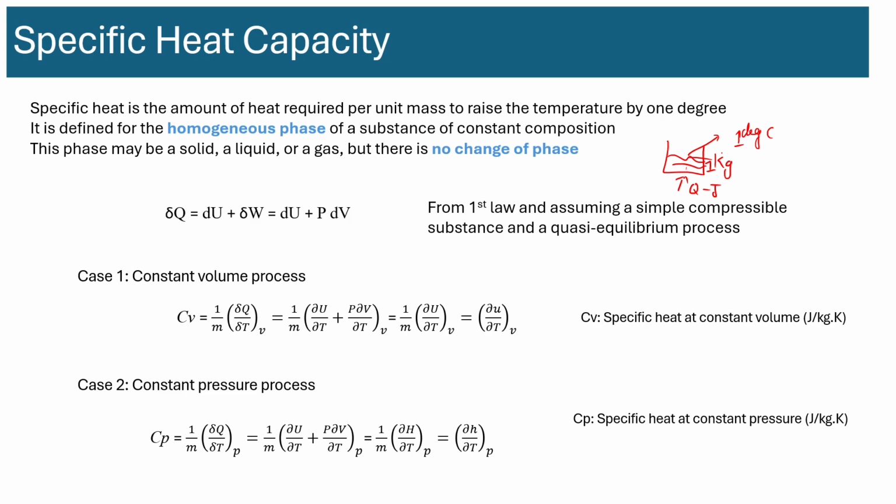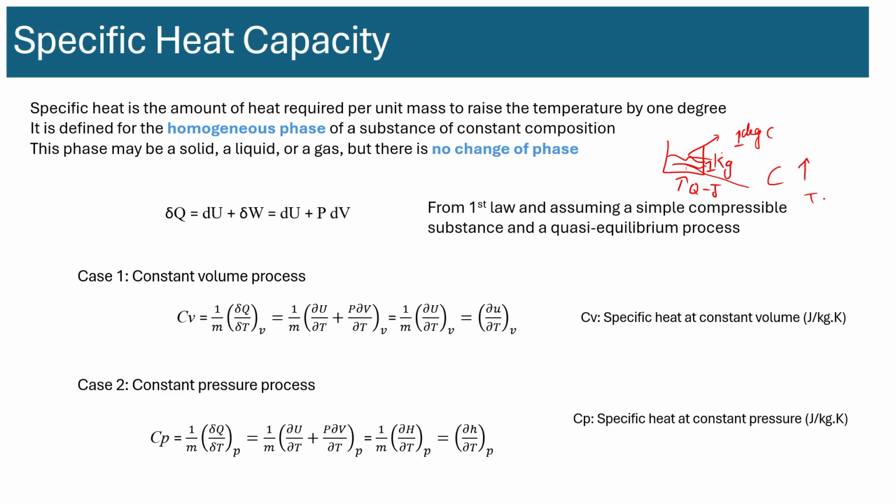So it is useful, especially in transient studies, to learn how quickly something will heat up. Okay, so if this specific heat value, let's note it by C, is very high, then it will heat up really slowly.